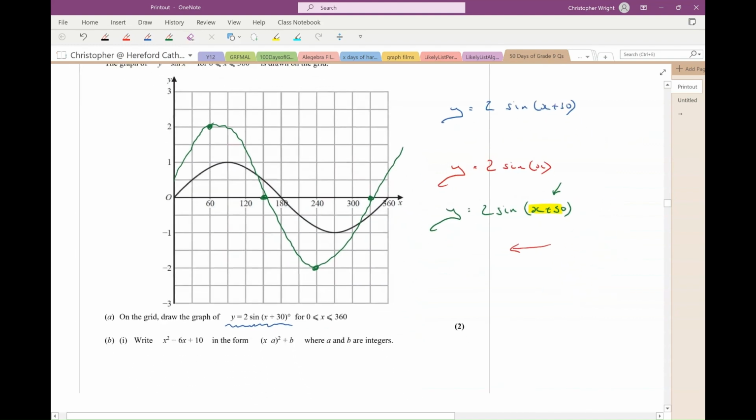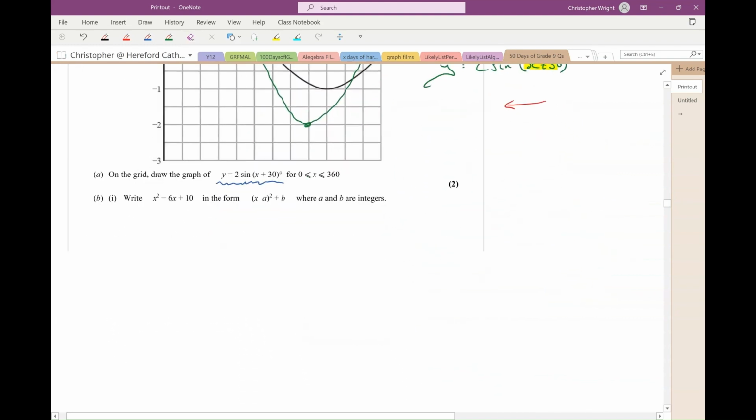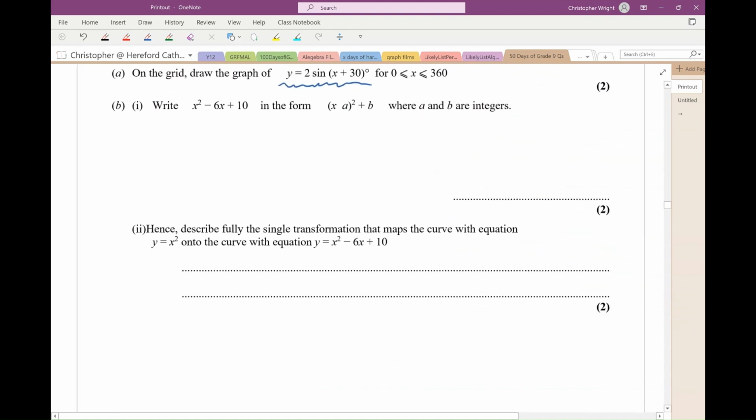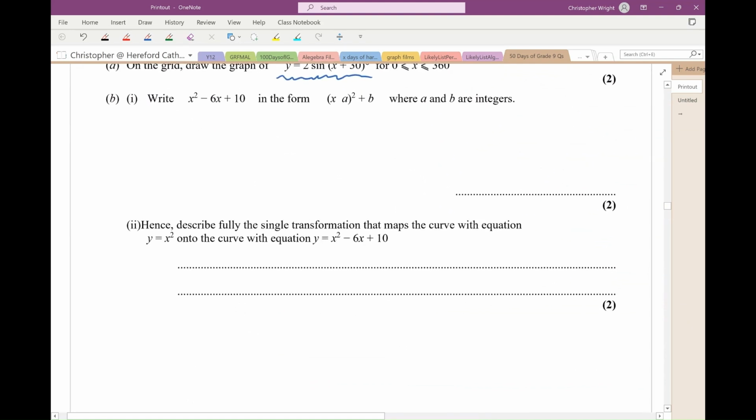That's part A. Right, part B. Write x squared minus 6x plus 10 in the form, I think that's supposed to read (x plus a) squared plus b, probably. So I've just got to complete the square here. I've got x squared minus 6x plus 10.